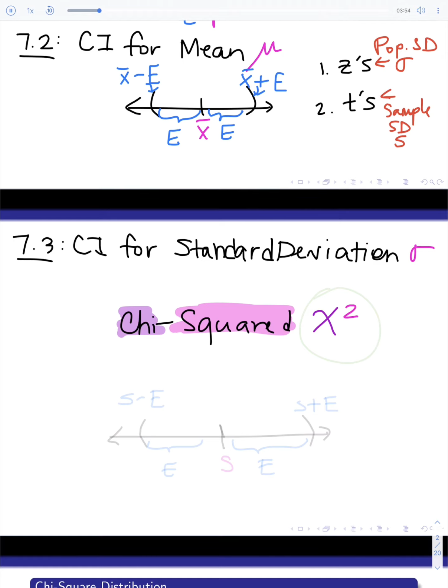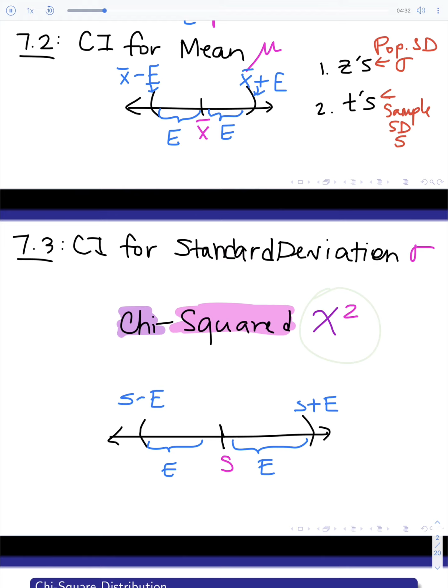But we'll still have our same setup that we had. We'll build a confidence interval. We'll have something going in the middle. Well, we're trying to make a confidence interval for the standard deviation for the population, so you'll have to use the sample standard deviation, which we use the letter S. And then we'll find our error, which will be on both ends, and we'll take the sample standard deviation S and add the error to get the top end, and we'll take the sample standard deviation S and subtract the error to get the lower end.